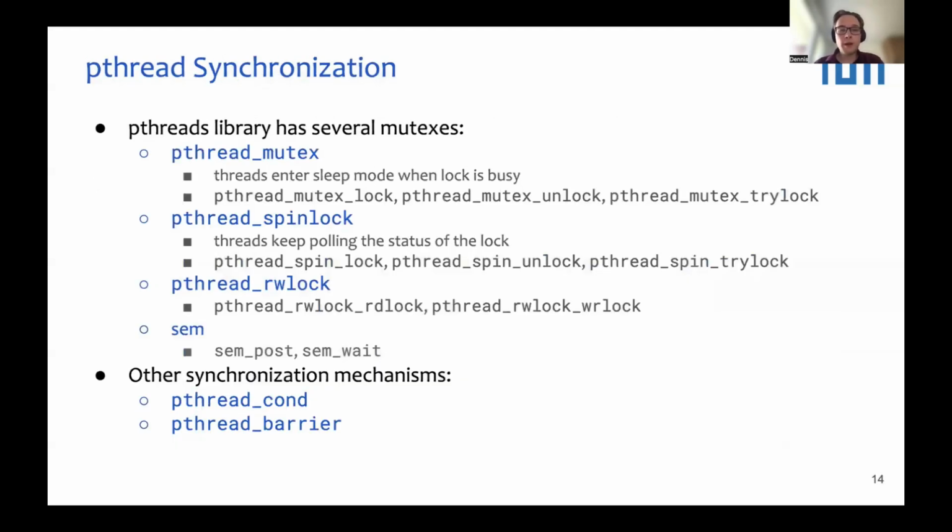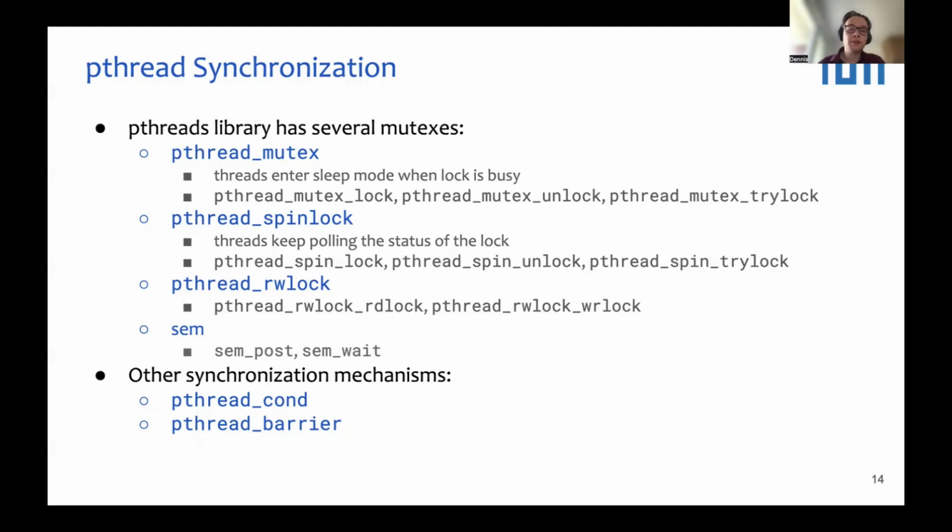Well, the pthread library offers several different mutexes, which we briefly mentioned before. So there is the pthread mutex, where threads enter sleep mode when the lock is busy. So if anyone else is still using the lock, the current thread goes to sleep and will only wake up when the lock becomes available.